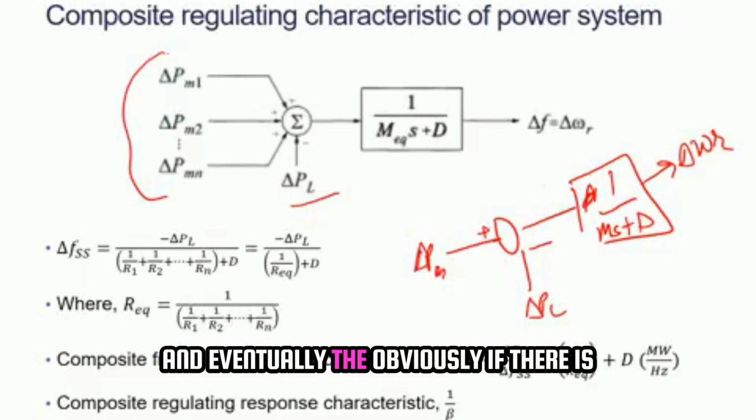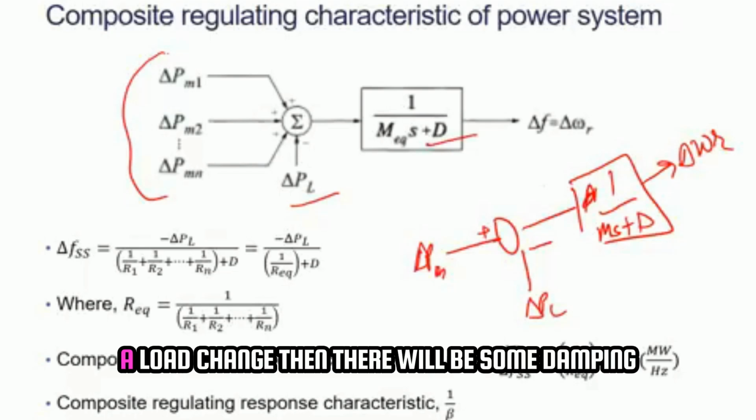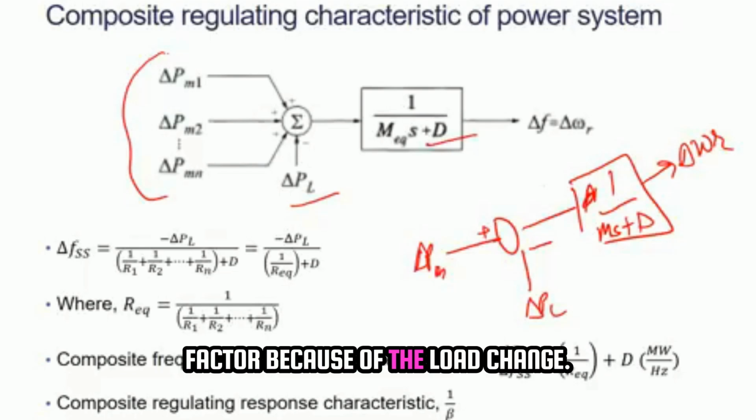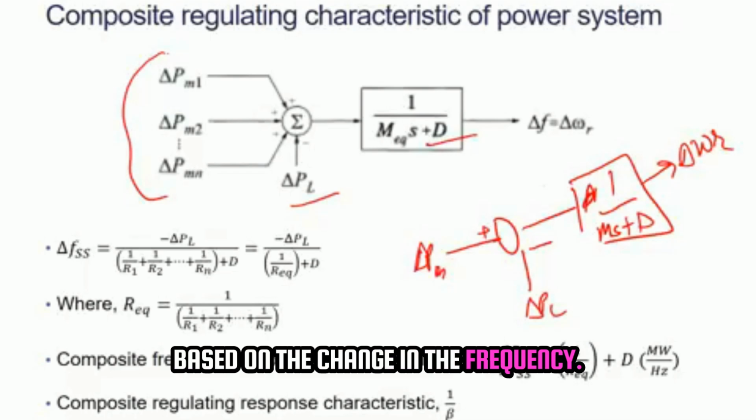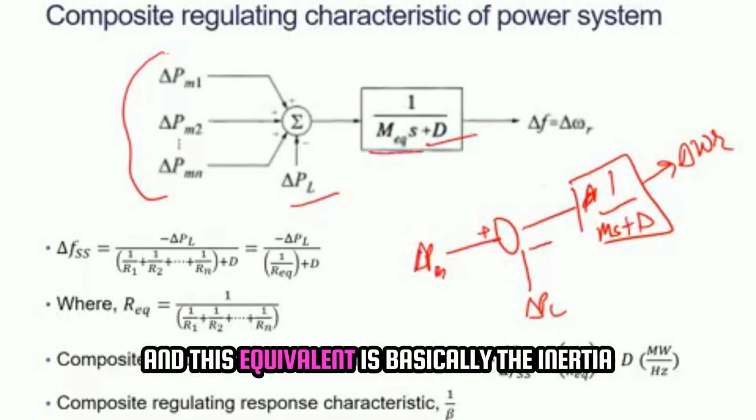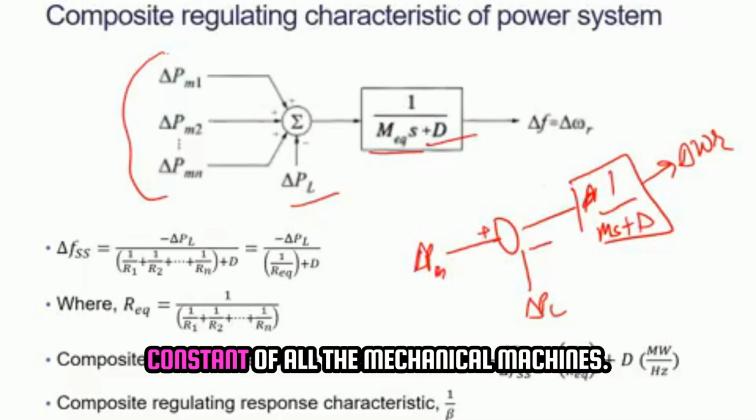And obviously if there is a load change, there will be some damping factor because of the load change. There will be a change in the load based on the change in the frequency. And this M equivalent is basically the inertia constant of all the mechanical machines.